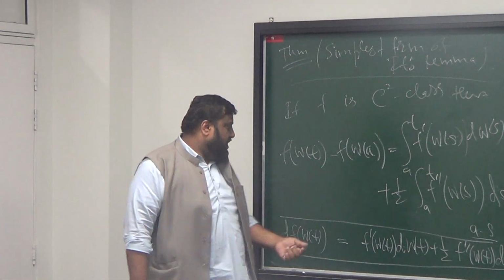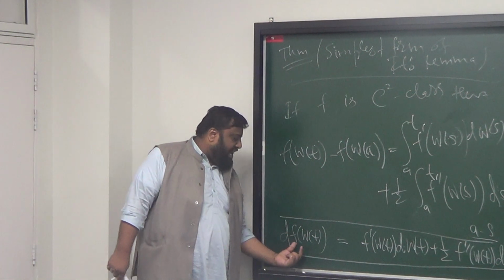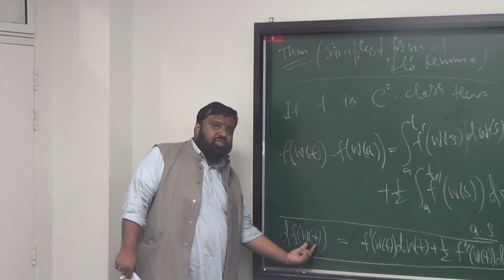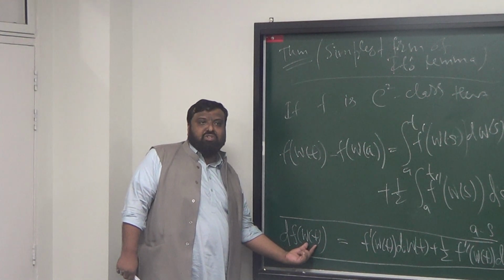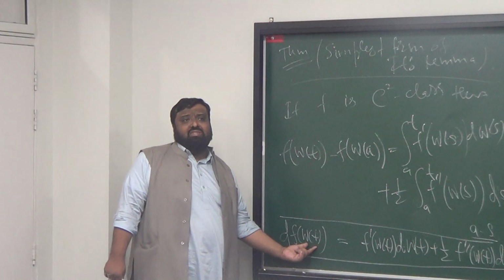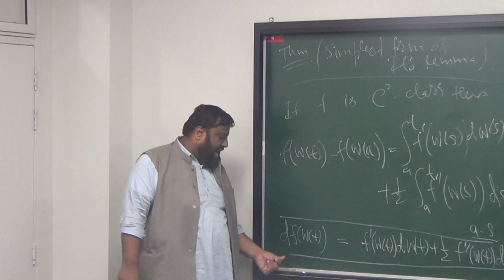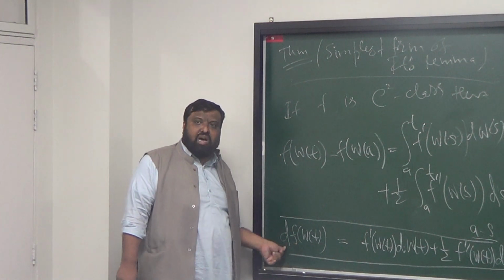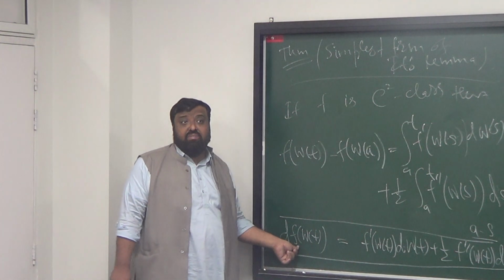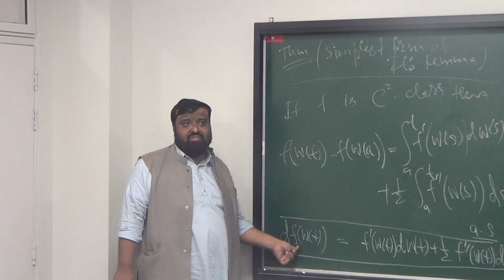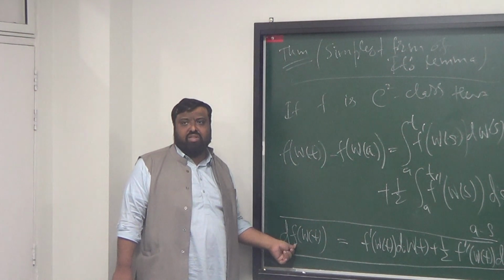In other words, I have some f that depends on w of t, which represents the displacement of the particle, and I want to know how this f is changing and evolving over time.